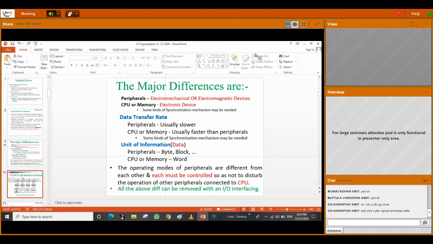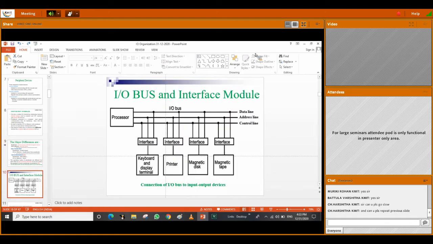See one example diagram, the IO bus and interface module. You observe this, it is very important.